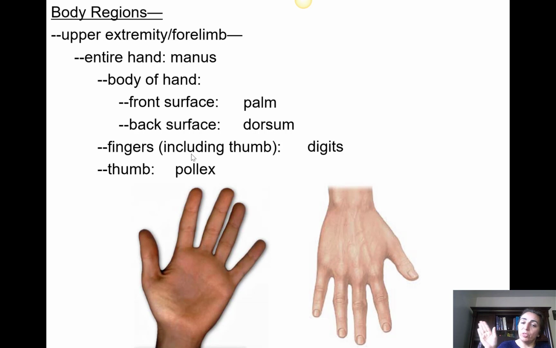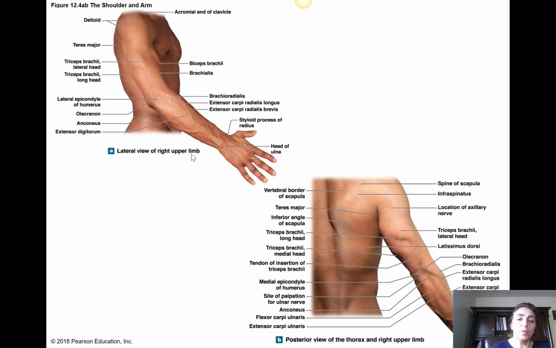It means that in anatomical position, palm is in the front, and the other side is on the back. That's the dorsum, right? So you see one indication of the anatomical position right there. We have fingers, we call them digits, including the thumb. Even the thumb, called pollex specifically, is still a digit too.